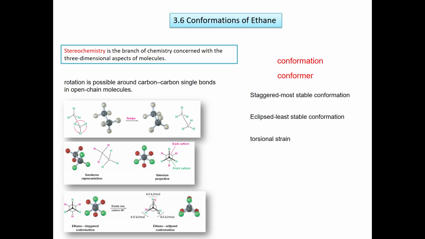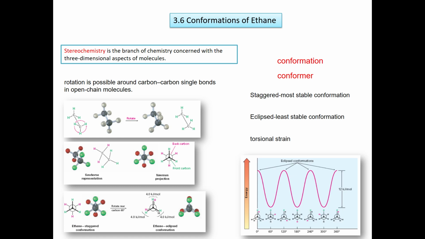Also, we can define the torsional strain. Here we have the graph of energy versus the rotation of ethane. We start with, for example, an eclipsed conformation. We know that is a maximum of energy.